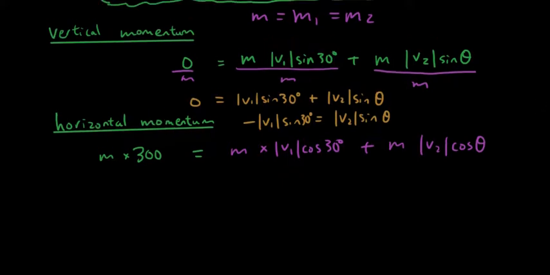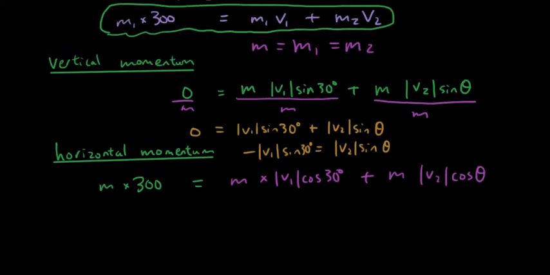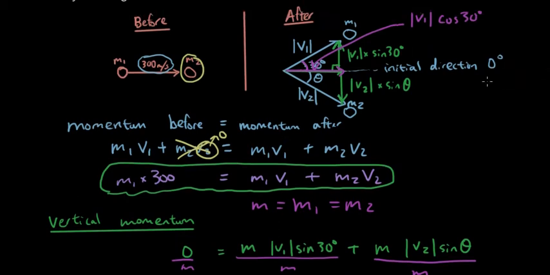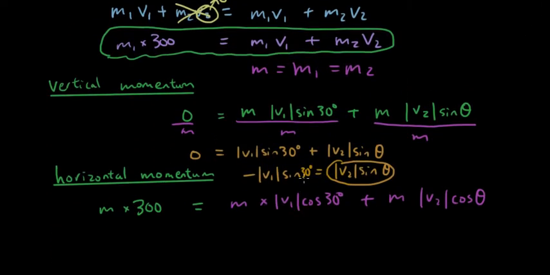Now, if you have a look at V2 sine theta, what this is saying is the vertical component of the speed of my second molecule. So I've now got an expression for V2 sine theta in terms of V1. Right, it's going to be equal to negative V1 sine 30. So whatever V1 is, once I find that, negative V1 sine 30 will give me V2 sine theta.